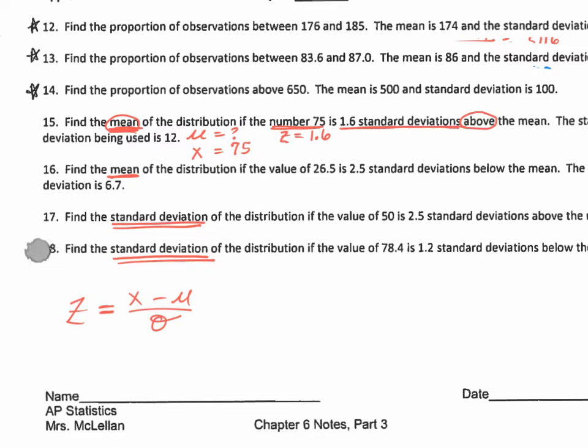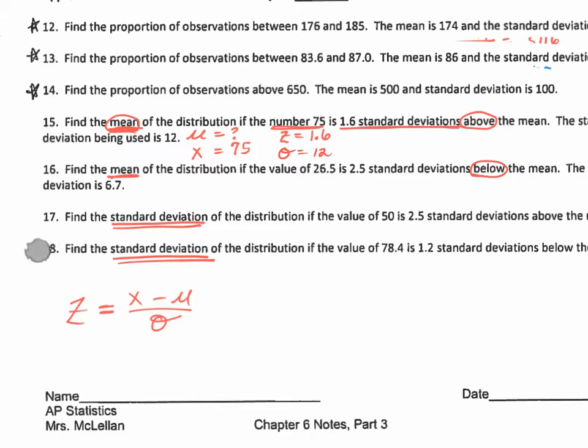For example, number 16 is 2.5 standard deviations below the mean, so that z-score will be negative. And it says the standard deviation being used is 12. So sigma is 12. I'm going to fill in my z-score formula with 3 out of 4 items, and I will then mathematically solve for the 4th.